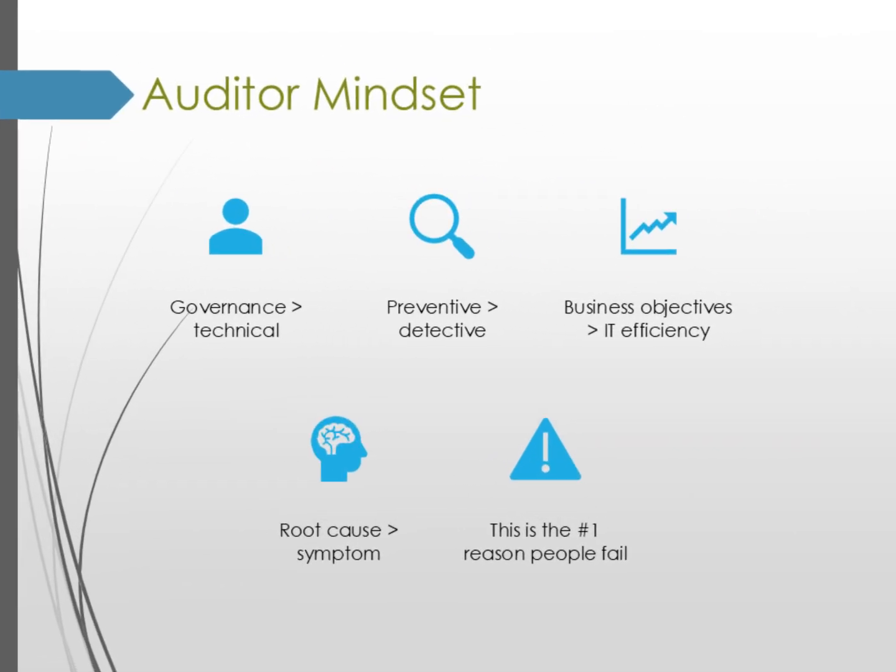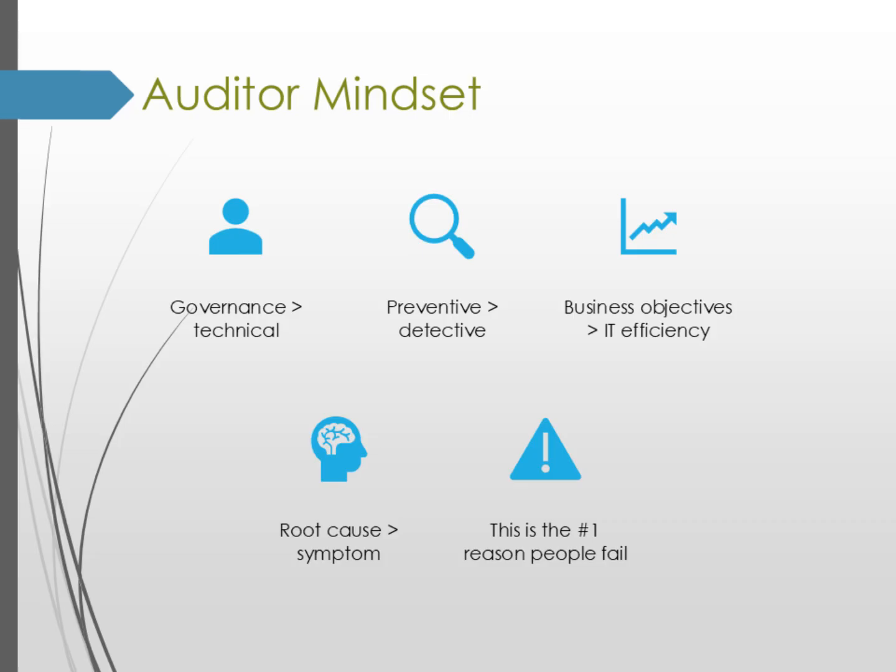Everything in this exam comes down to how you think. Not as a technician, but as an auditor. Governance always comes first, before any technical detail. You're not there to fix the problem. You're there to evaluate whether the right structures are in place. Think in terms of prevention, not detection.